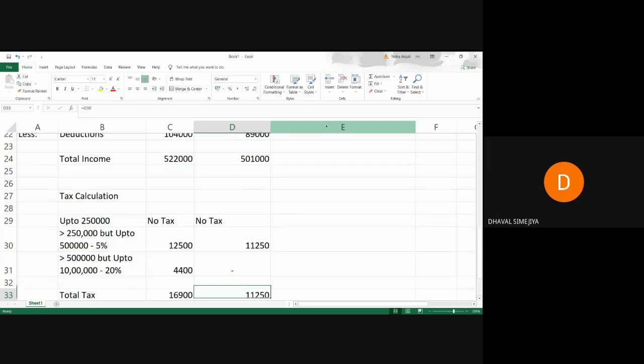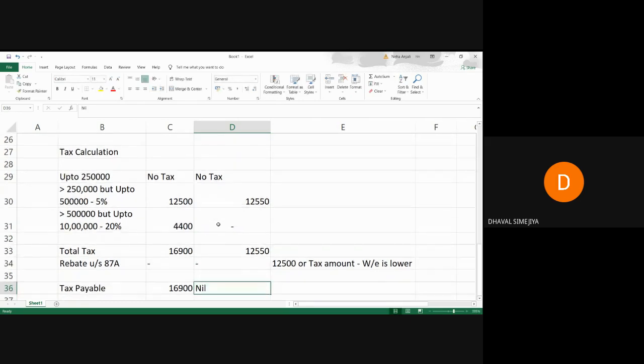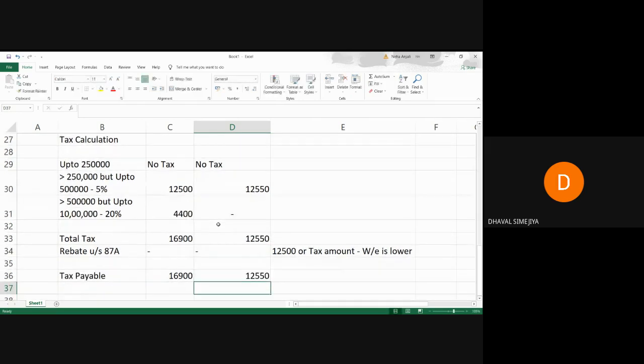Then the amount will be accordingly changed. So tax payable will be 12,550 and rebate will be lost. So tax payable will be 12,550 rupees.